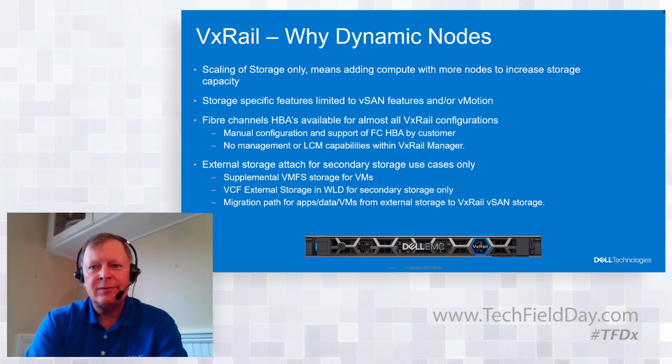It's kind of a bolt-on situation. With those Fibre Channel HBAs, you could attach external storage. It was primarily for a supplemental storage use case, whether for traditional VMs or VCF in the workload domain. But frankly, the primary intention historically has been to migrate data off of storage arrays onto vSAN-based storage.